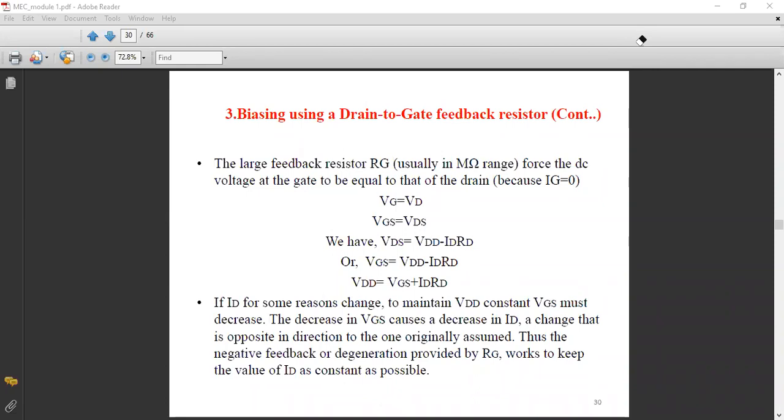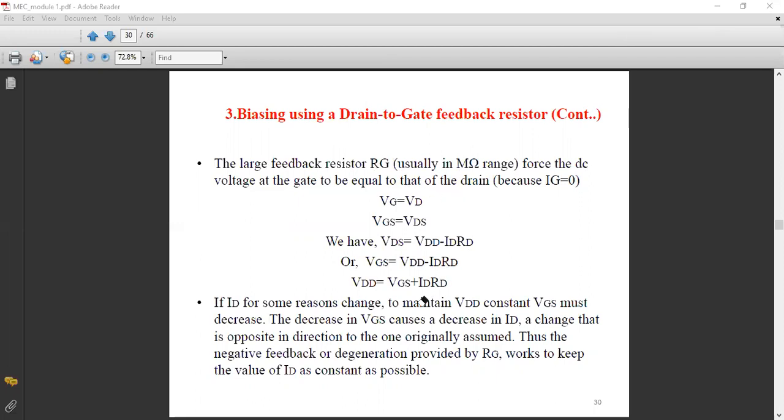In a BJT amplifier, you will always bias it in the active region, but here you are going to bias it in the saturation region, where the drain current is expected to be constant even though you are trying to change VDS or VGS. So that is a peculiarity of this particular biasing technique.